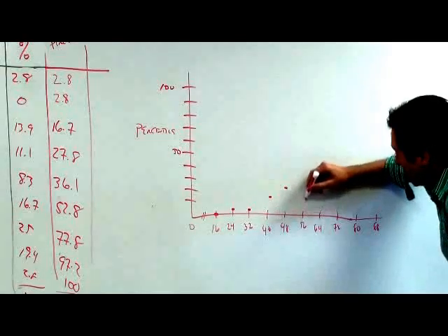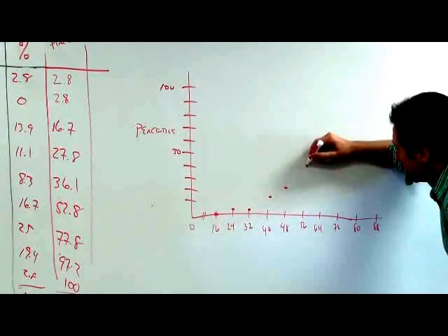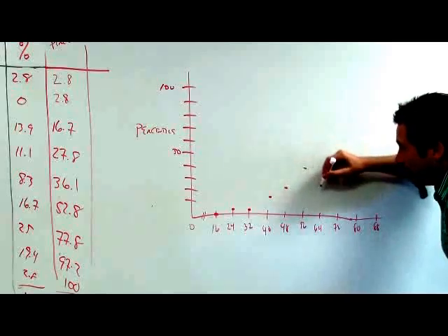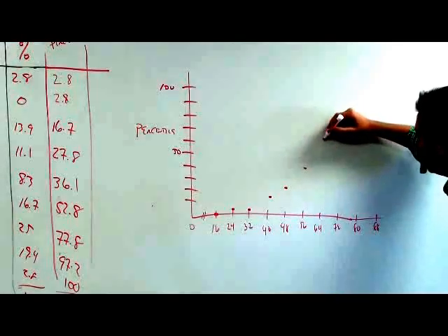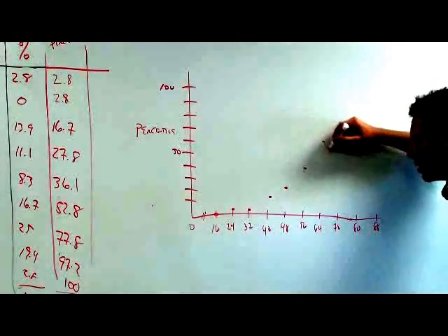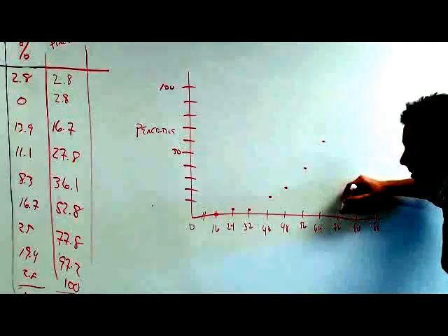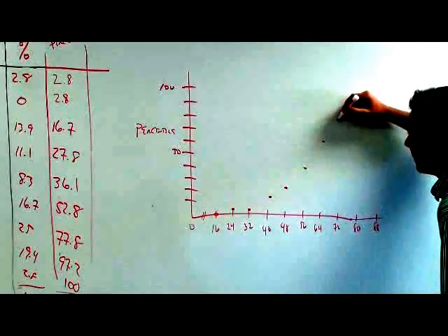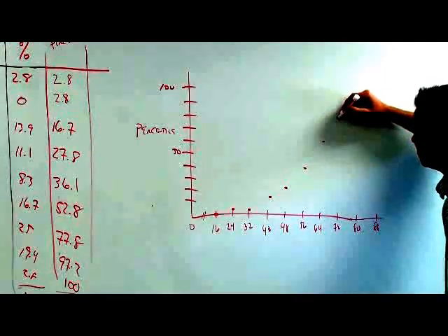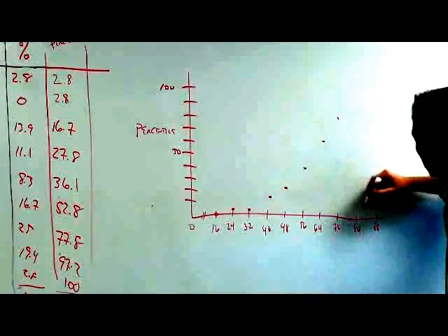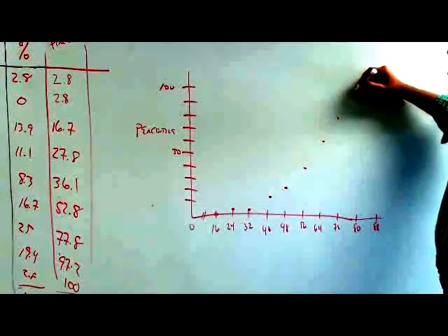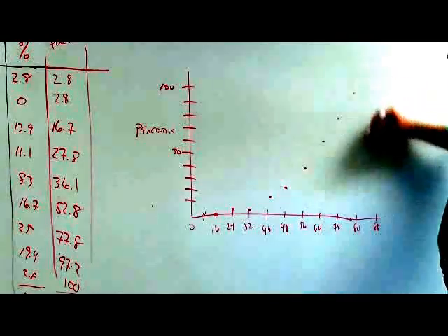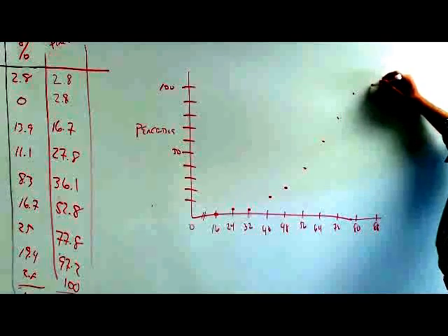Lower than 56 is 36. 64 is 52. 72 is 77. 80 is 97.2. 88 is 100. It always ends up here at 100.